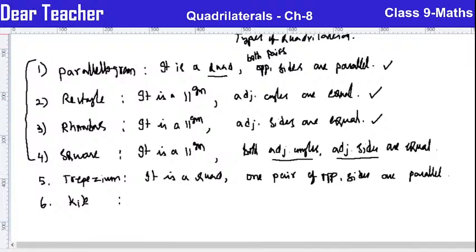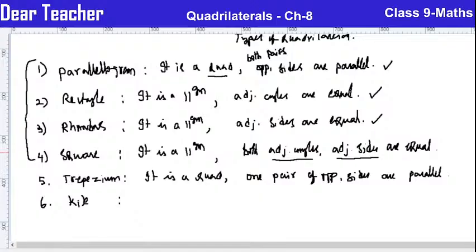Now here in the rhombus, A, B, C, D. AB and AD should be equal. That means adjacent sides are equal. And BC and CD also should be equal. They need not be the same as the first pair, but they should be equal to each other.